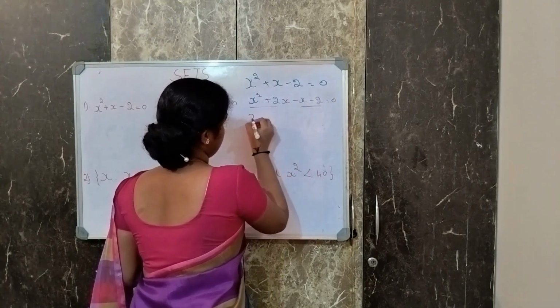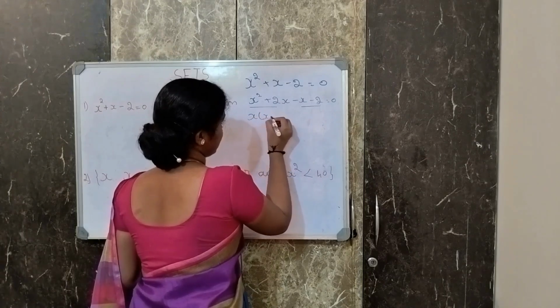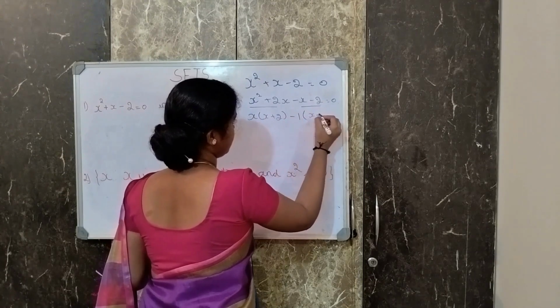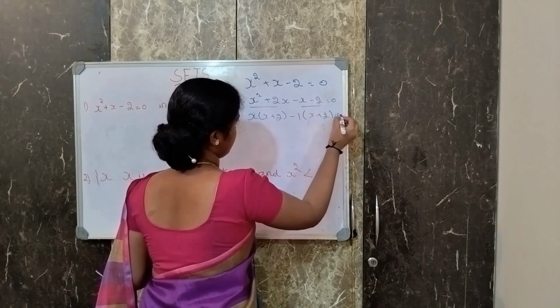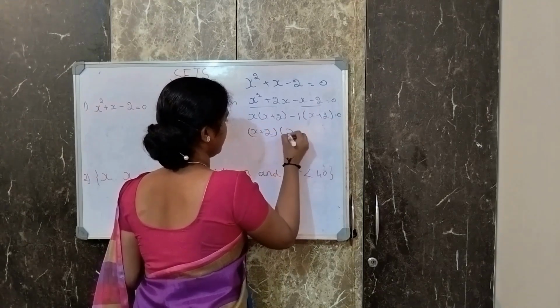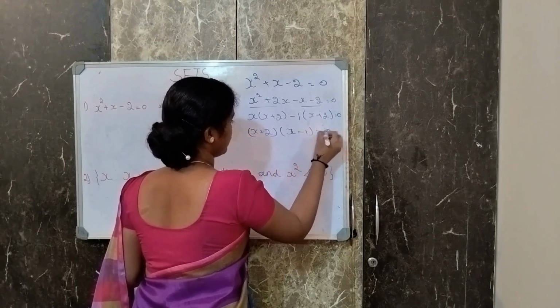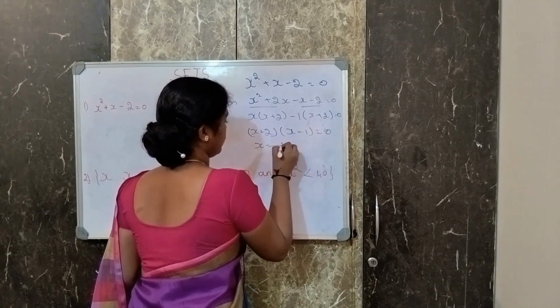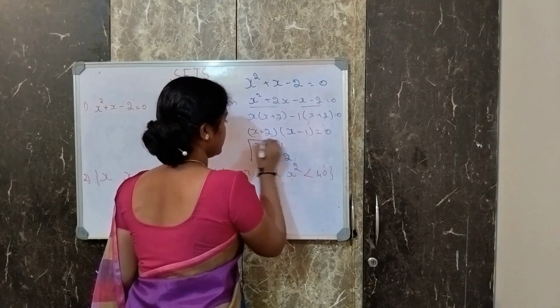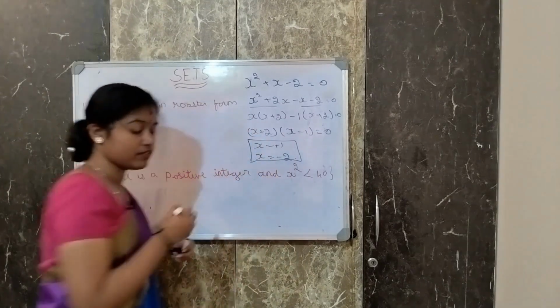Grouping it, x common, x plus 2 remains, minus 1 common, x plus 2 remains, which is equal to 0. So x plus 2 into x minus 1 equal to 0. So x equal to 1 and x equal to minus 2. These two are the solutions of the given equation.